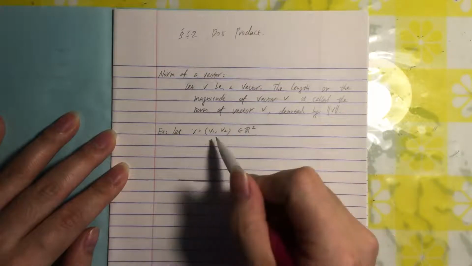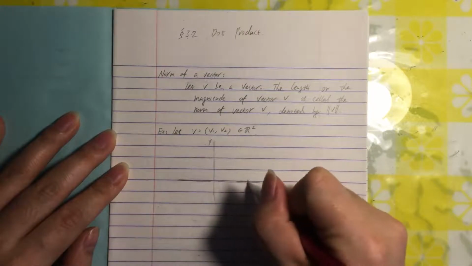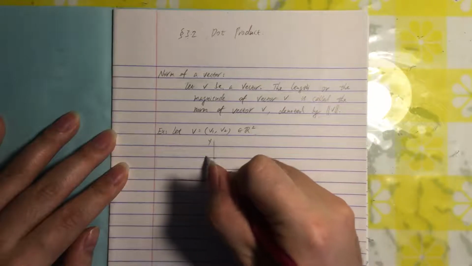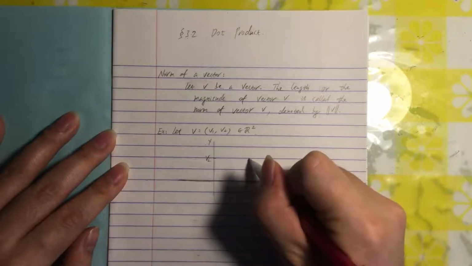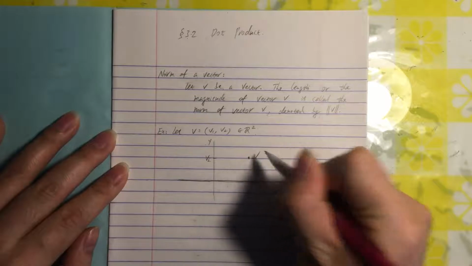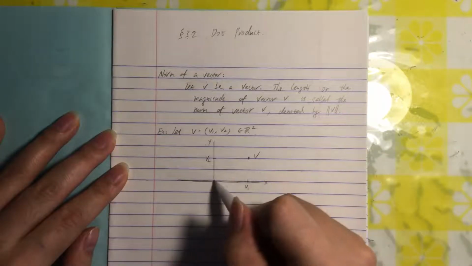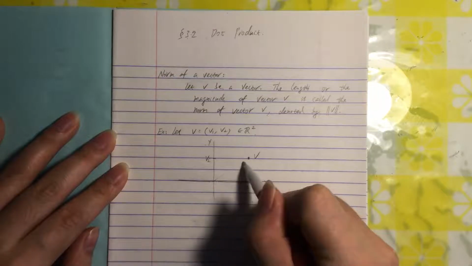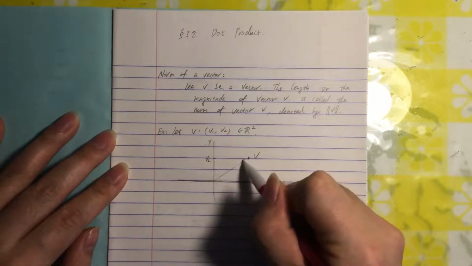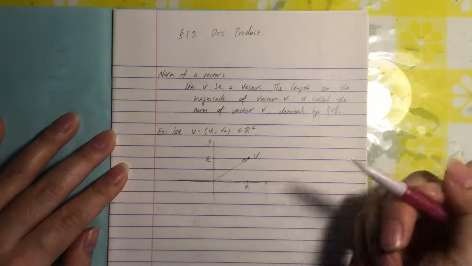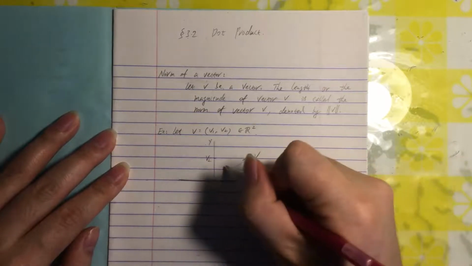In the XY plane, V1 represents the X coordinate, and V2 represents the Y coordinate. So vector V is here. How can we draw vector V? Vector V is a vector from the origin to this point. That's vector V. How can we find the norm of this vector?